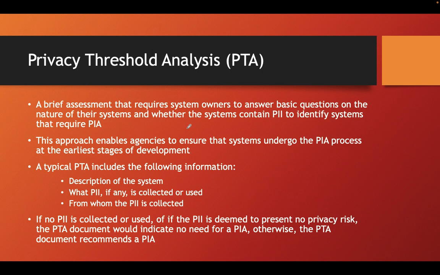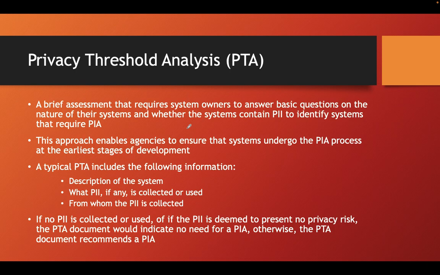So let's move on. Then we go to the privacy threshold analysis. The benchmark for privacy that you can tolerate is what we regard as privacy threshold analysis. It is a brief assessment that requires the system owner to answer basic questions on the nature of their system, whether the system contains personally identifiable information, to identify systems that require privacy impact assessment.